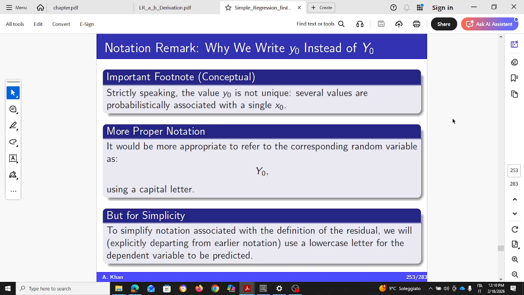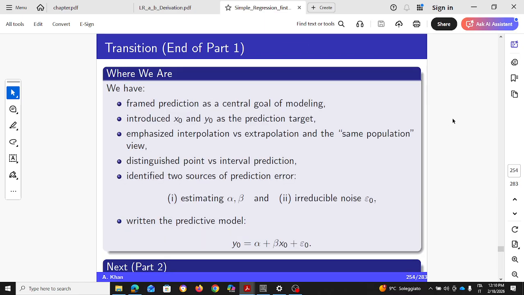So these things are clear, we formulated it. With this, we introduce new variables: y naught is the target, x naught is the observed value. We then say what we want to do. Are we trying to do interpolation or extrapolation?